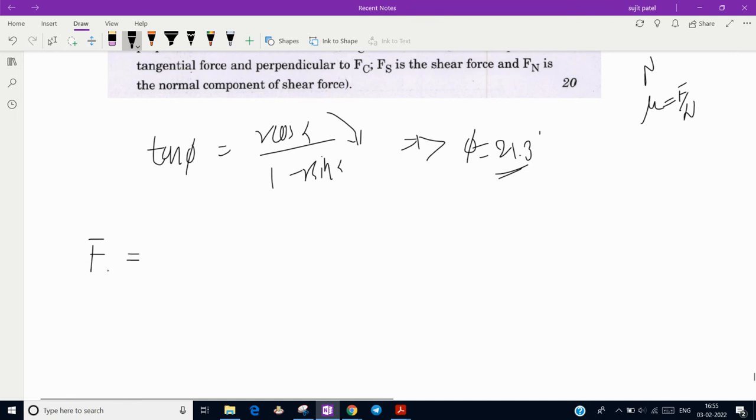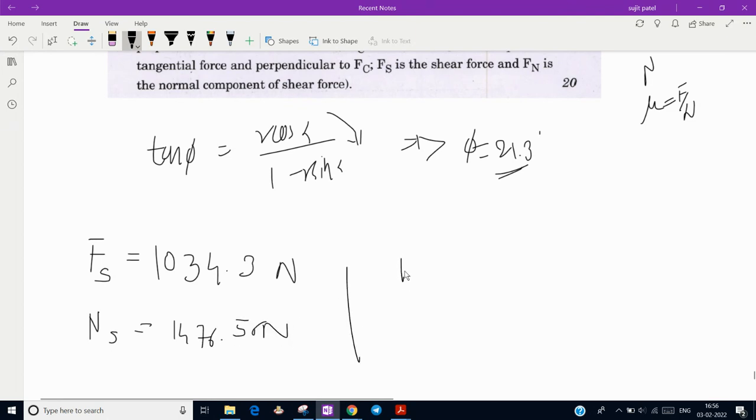So shear force Fs is 1034.3 Newton, and normal to shear force is 1476.56 Newton, and frictional force F is equal to 1245.28 Newton, and normal force N is equal to 1303.56 Newton.